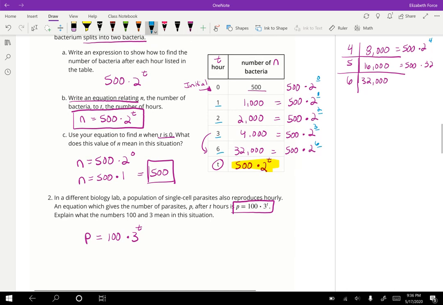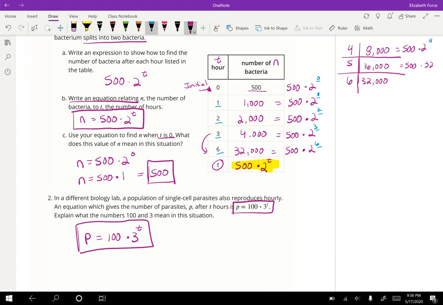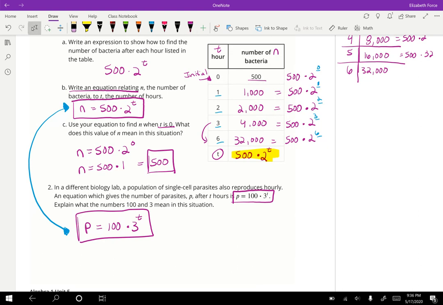Well, if I look at this equation, and I see that it's again representing growth, and I look at it in the context of number 1, I hope you will see that 100 definitely has to be the initial amount of parasites, because 500 was the initial amount of bacteria. So 100 is basically our initial amount of parasites.